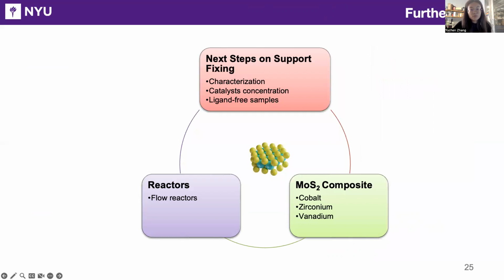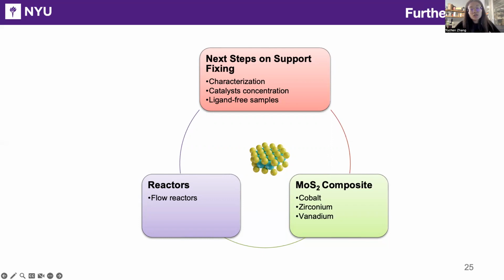So the next step we plan to do, the first part on support fixing, is on characterization methods. We want to see how much MoS2 is in there, so we could do ICP to confirm, and also TEM and XRD can be used to test whether it is actually supported.